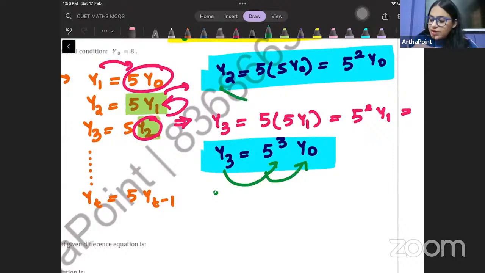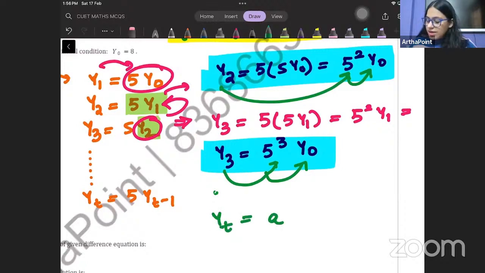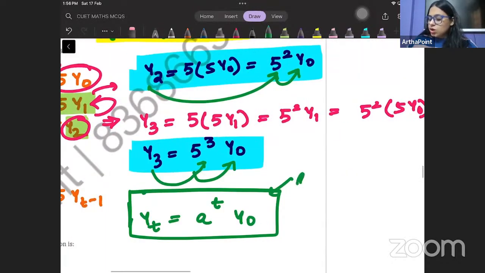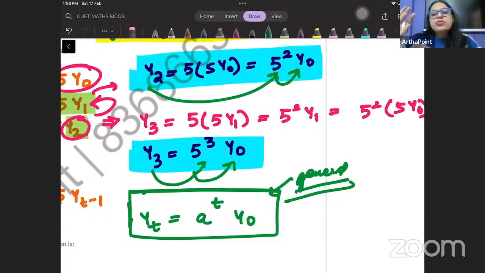If I need to find y2, ये 5 to the power 2 y naught हो रहा है. So if I need to find yt, this will be a to the power t y naught. This will be the general solution to your equation. बस आपको ये general solution याद रखना है. You need to remember this general solution.